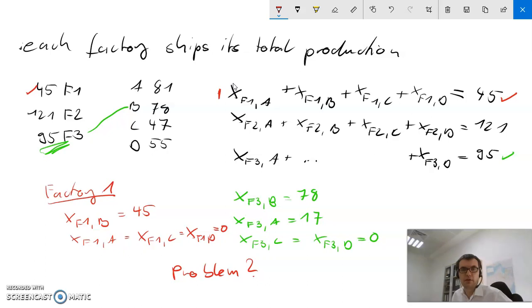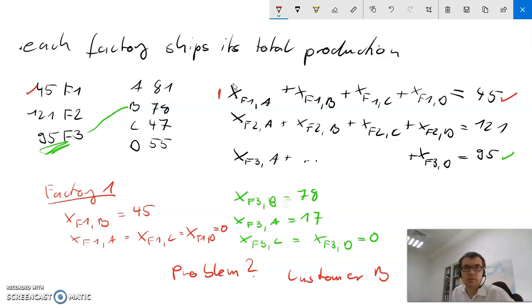However, if we look at what is arriving at our customer B, we already have 78 units from factory 3 and an additional 45 units from factory 1. So in total we have 133 units, and this is way too much.